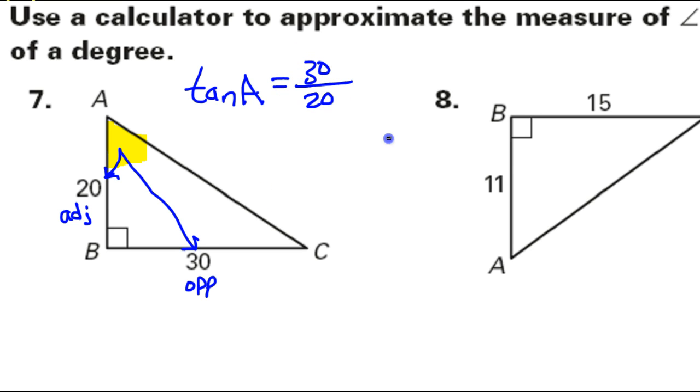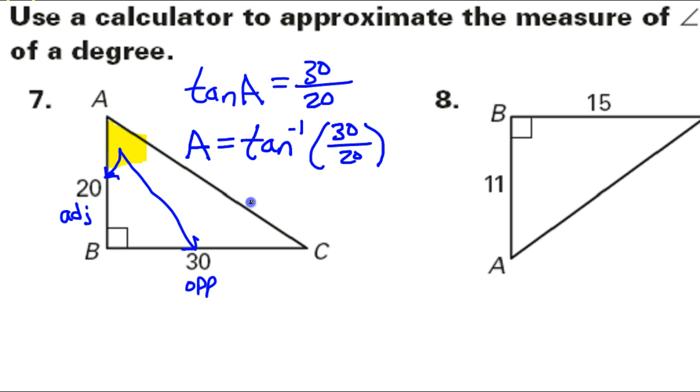Now, if you want to find the angle and you're given the tangent, you can do the inverse tangent. So that would look like this. We write the angle is equal to the inverse tangent of 30 over 20, or I could just put 3 over 2, but I'm just going to put 30 over 20 for now.